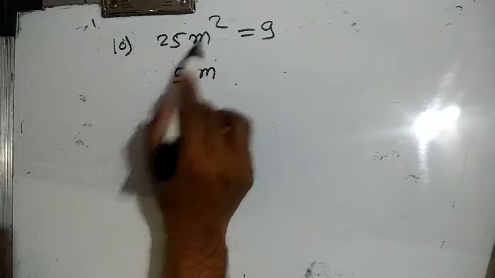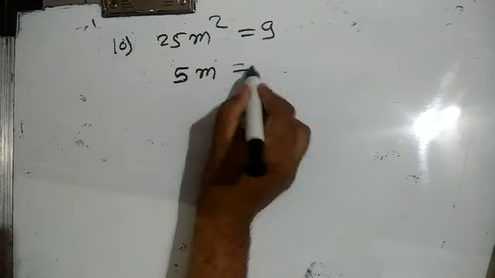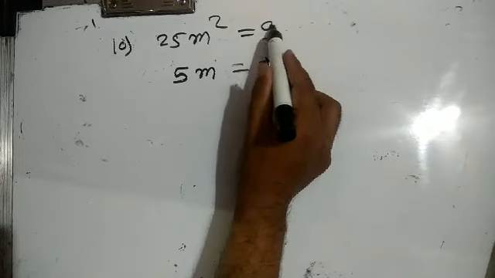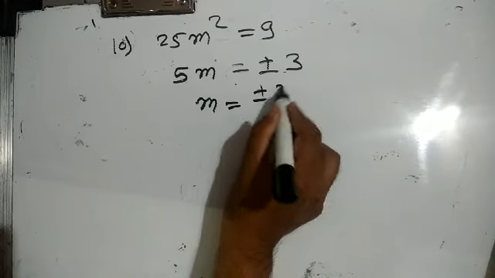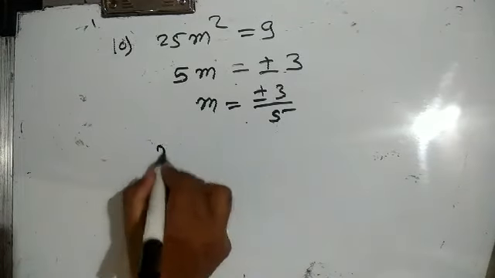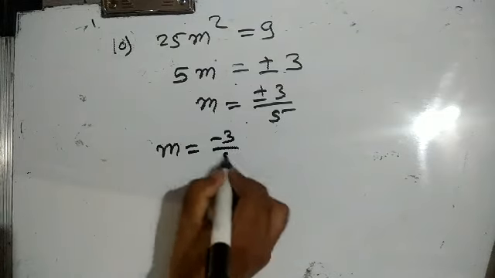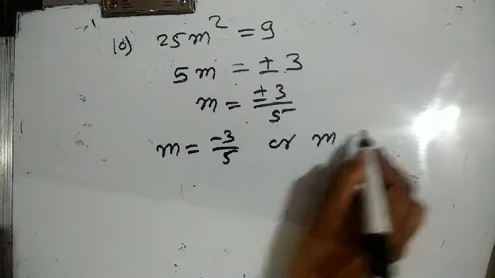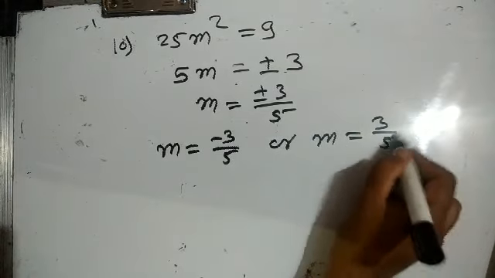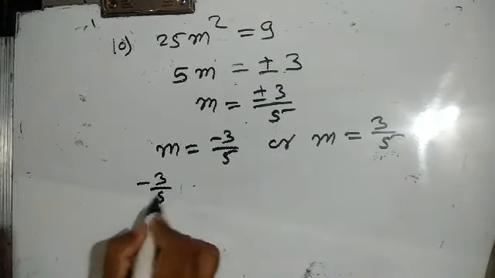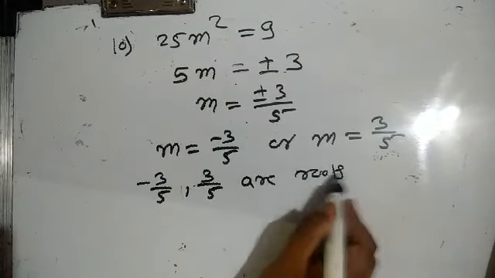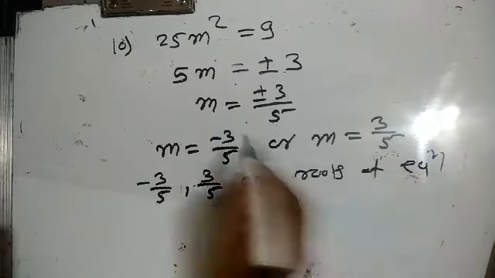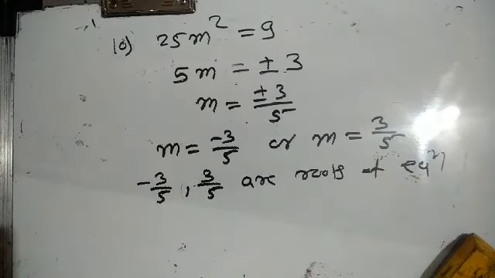Square root of 25 is 5, square root of m² is m, is equal to plus minus square root of 9, which is 3. Therefore, m is equal to plus minus 3 upon 5. That is, m is equal to minus 3 upon 5, or m is equal to 3 upon 5. These are the roots. Therefore, minus 3 upon 5 and 3 upon 5 are roots of the equation. This is a very simple problem. Only by taking the square root on both sides, we get the solution of this problem.